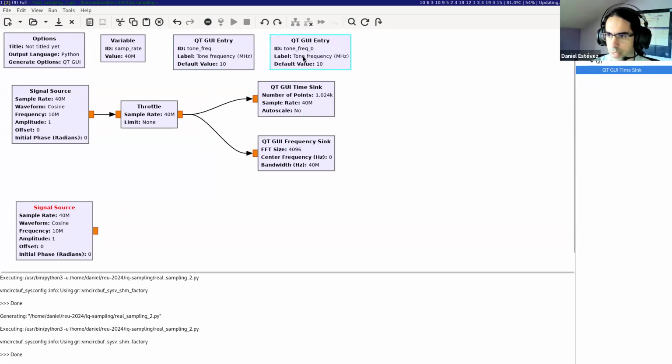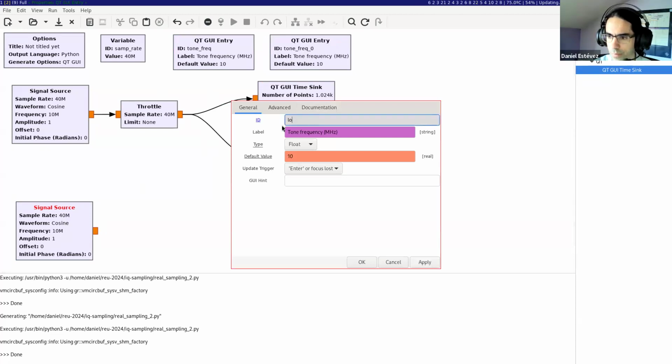So I'm going to place here, I'm going to call it LO freq for local oscillator. Anytime you see LO mentioned when talking about radios, that means local oscillator, and we will see exactly what that is.